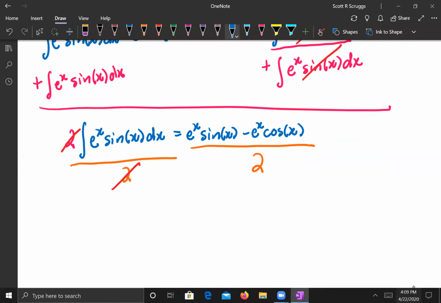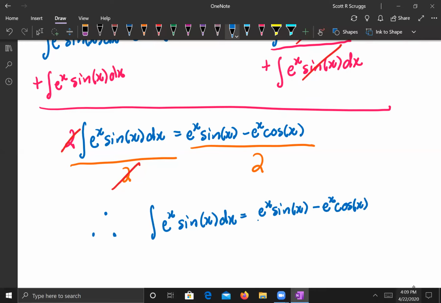And so now, because I've done that, my final answer, I'll use my fancy Triforce symbol, which means therefore, the integral of e to the x times sine of x dx equals e to the x times sine of x minus e to the x times cosine of x, all divided by 2.